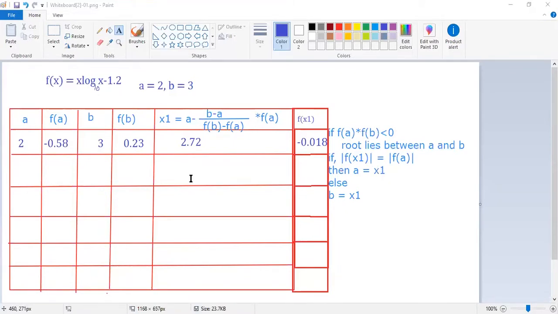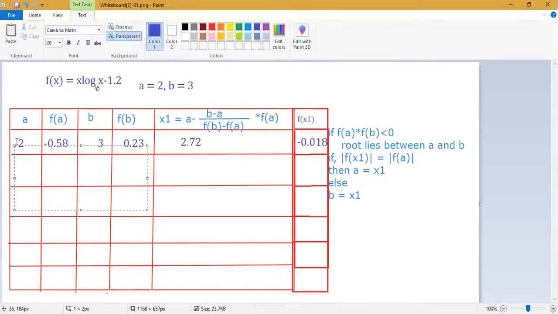So to start the next iteration, at the very beginning, a has been replaced by x1, so a will be 2.72. The value of fa we already have, minus 0.018.